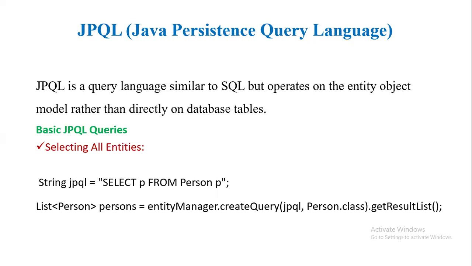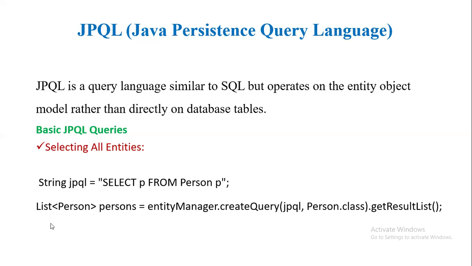First, they have created a string object, jpql, whose value is "select p from Person p". This creates a JPQL query to select all objects of the Person entity, and it fetches every record of p from the person table mapped by the Person entity class.